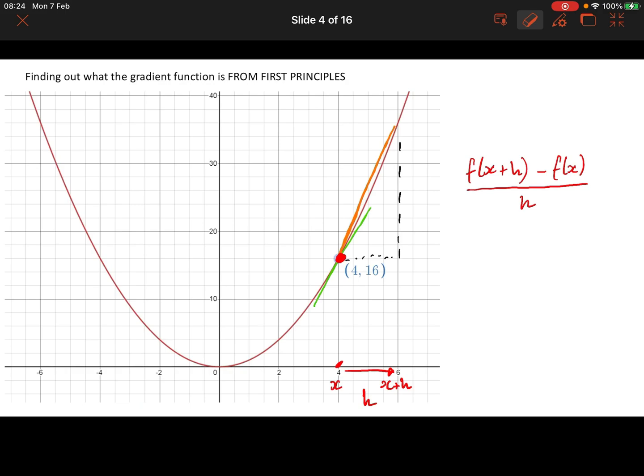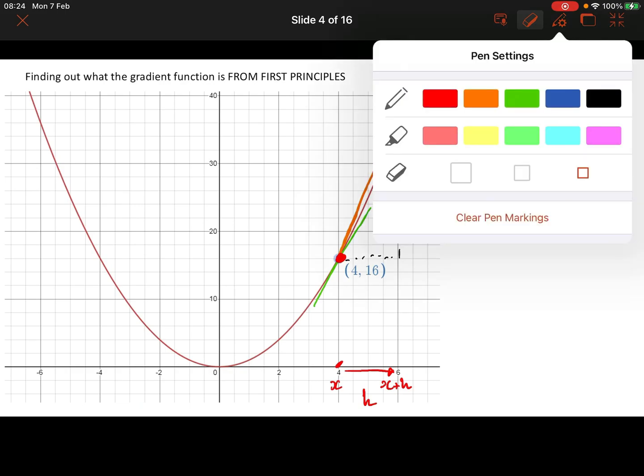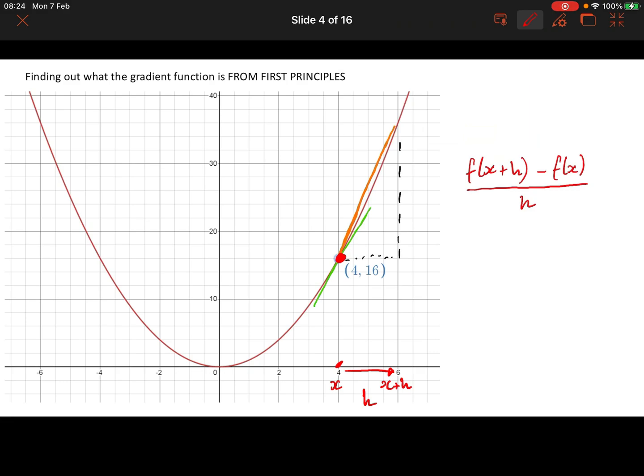Well, let's actually do it with the numbers that we've got. The function is y equals x squared. So what we're saying is let's go for (x plus h) squared.